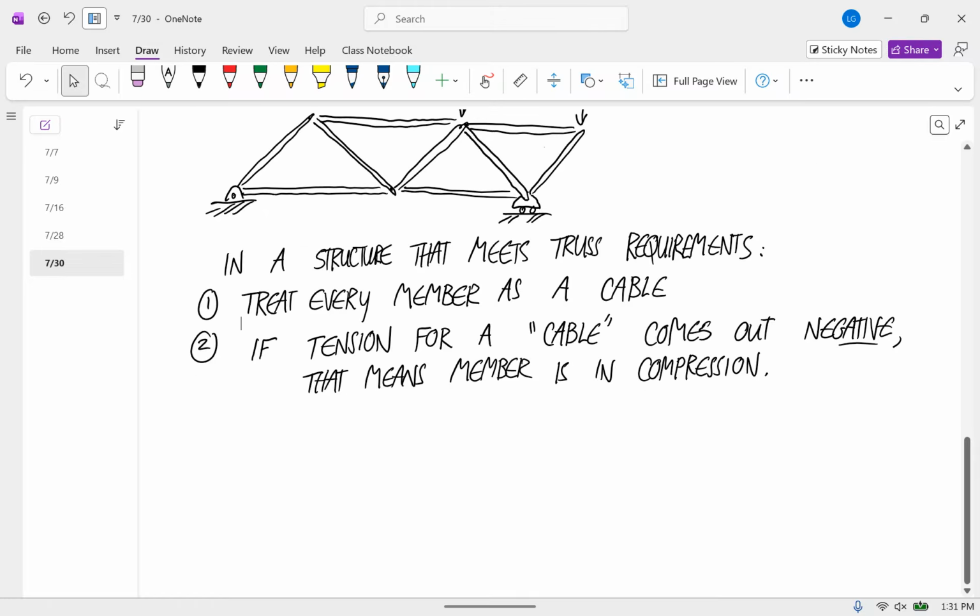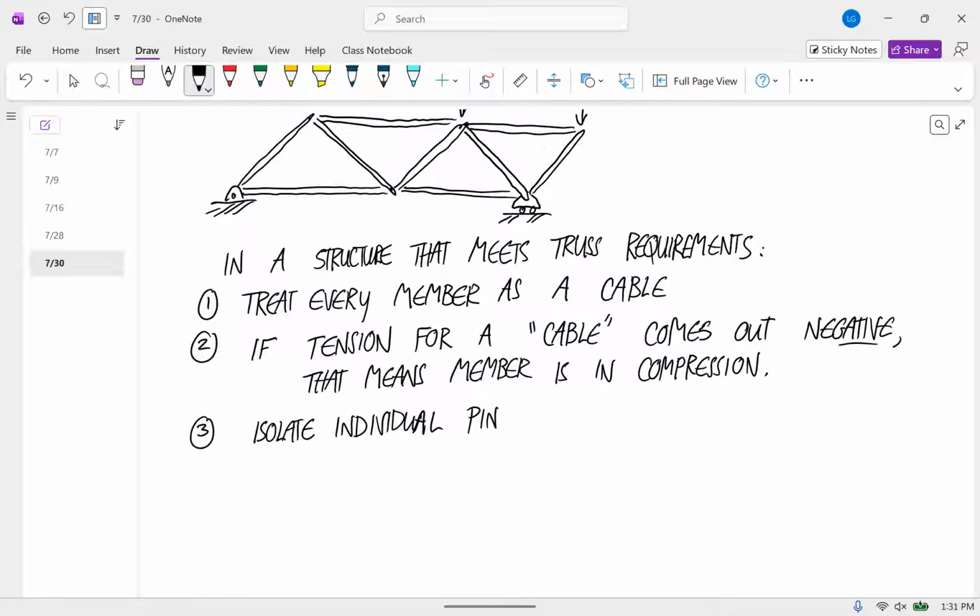And the way you're going to go about this is you're going to isolate the individual pins using Newton's second law.